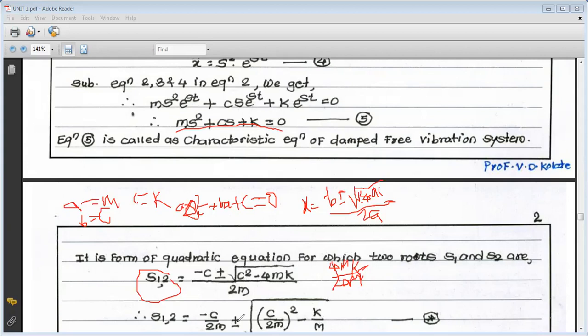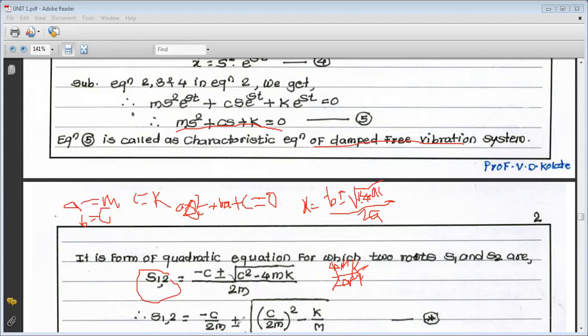So these are the two roots of this characteristic equation, that is ms square plus cs plus k, of damped free vibration. What are the two roots? S1 is equal to minus c upon 2m plus square root of c upon 2m square minus k by m. This is S1, and what is S2? Only we have to change the sign.